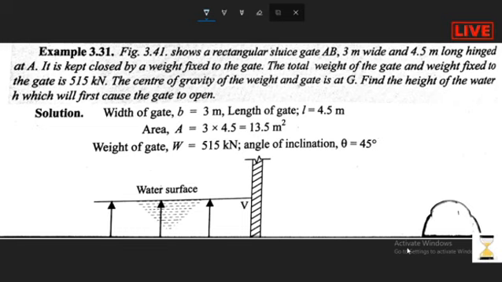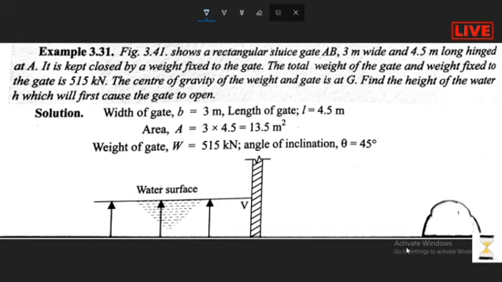This is a real engineering problem. The total weight of the gate and the weight fixed to it is given, and we have to find the height of the water H which will first cause the gate to open.